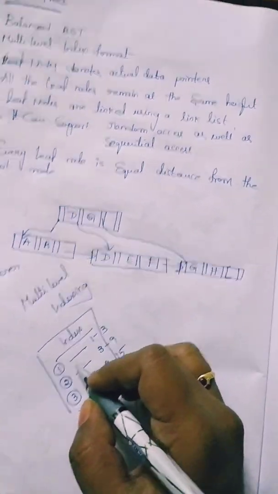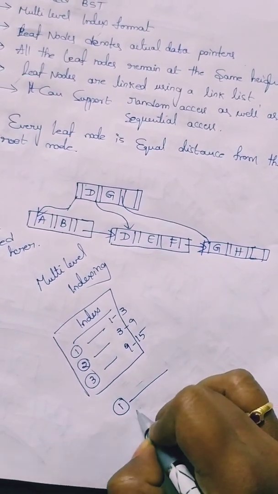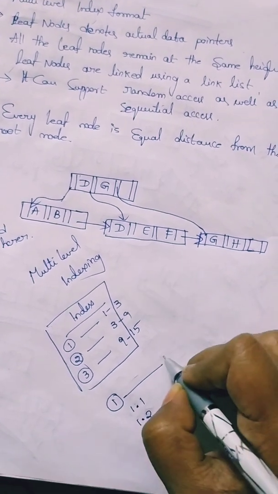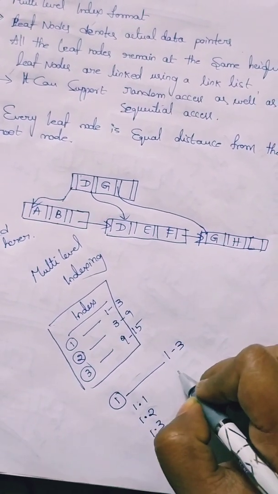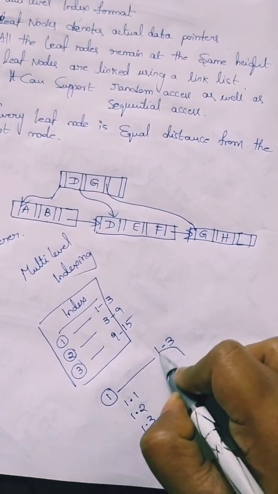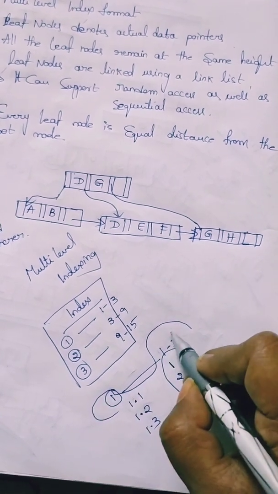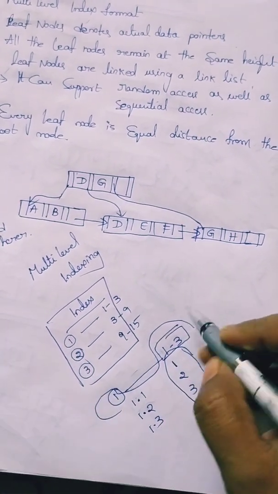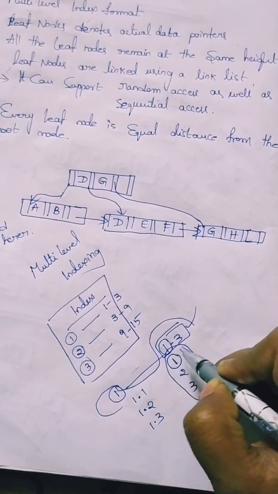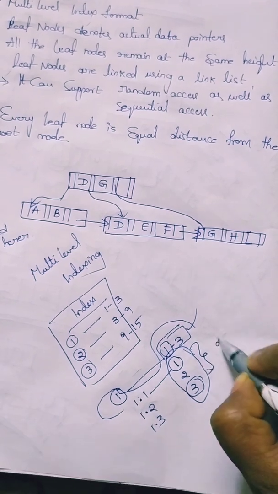But in multi-level indexing, below the chapters there are subpoints 1.1, 1.2, 1.3, and then their page numbers. This is called multi-level indexing. Here the 1, 2, 3 page numbers are mentioned, and the first page and third page are repeated again. This is nothing but duplication.